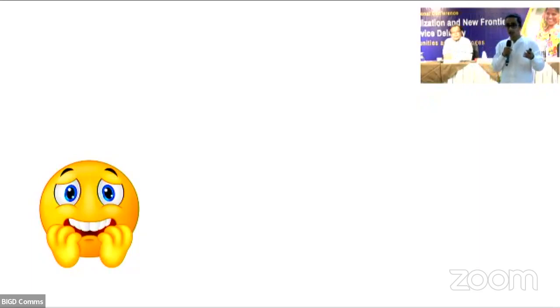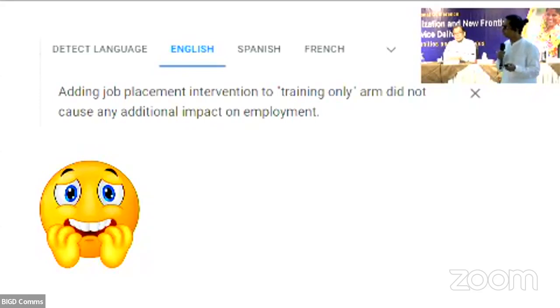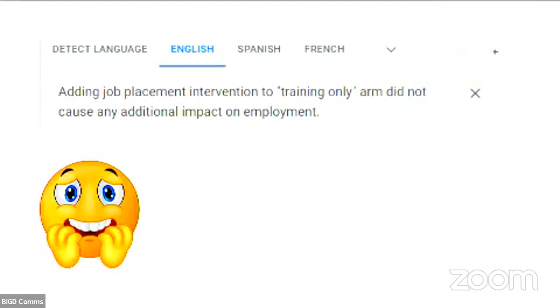There were a few policy briefs, 2 pages each, and they had a good idea of translating those from English to Bangla. I picked up the Bangla ones, and as soon as I started to read, there was a finding that said something like: adding job placement intervention to the training-only arm did not cause any additional impact on employment.